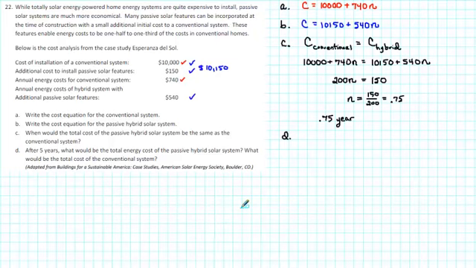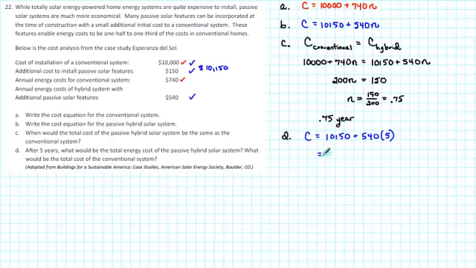For part D, it says after 5 years, what would be the total energy cost of the passive hybrid solar system? What would be the total cost of the conventional system? Well, we simply need to substitute 5 into each. So the cost of the passive hybrid solar system can be determined by using our equation from B. So we'll have C is equal to 10,150 plus 540 multiplied by 5.